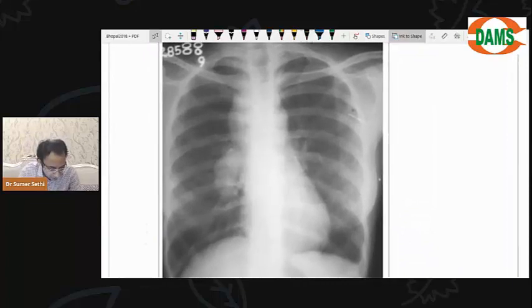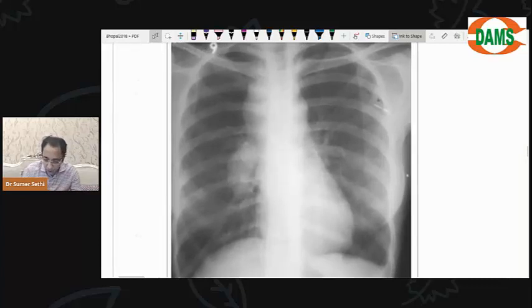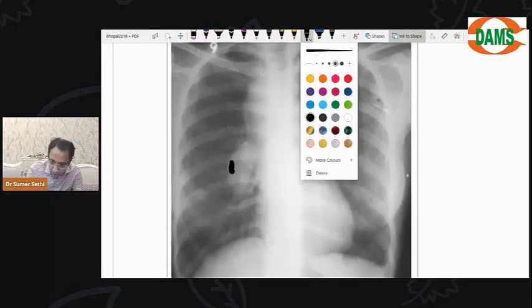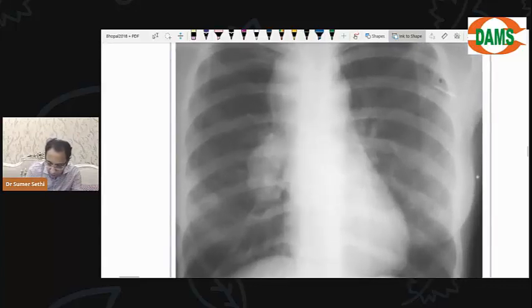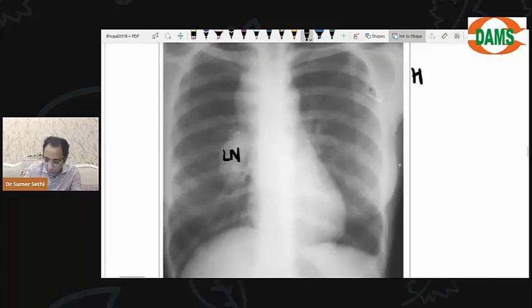Listen to me, everybody. Compare the hilum on the right side to the hilum on the left side. The right hilum is definitely enlarged. This patient has a hilar lymph node enlargement, unilateral.